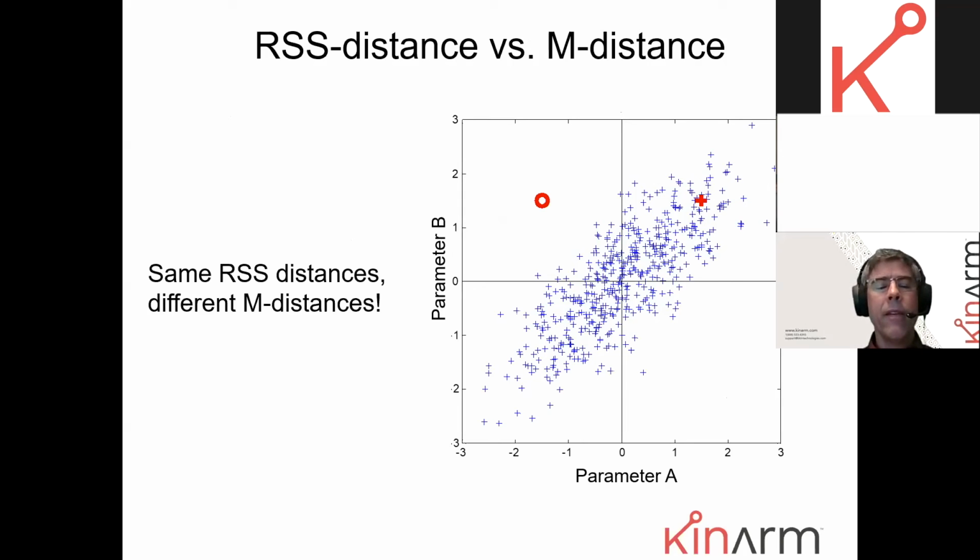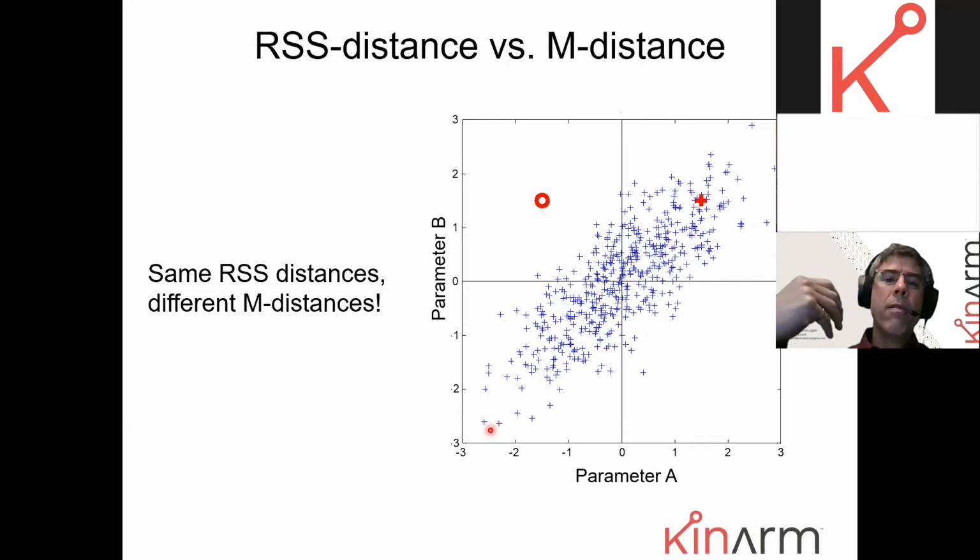If I were to sample subjects' behavior on them, maybe a couple hundred data points, I might end up with a plot that looks like this, where all the little blue crosses are the performance of each subject on parameter A versus parameter B. And because these are highly correlated, of course, you get a cluster that looks like this.